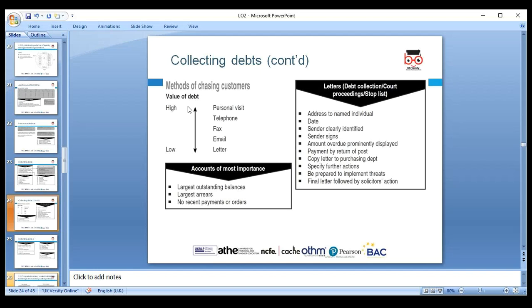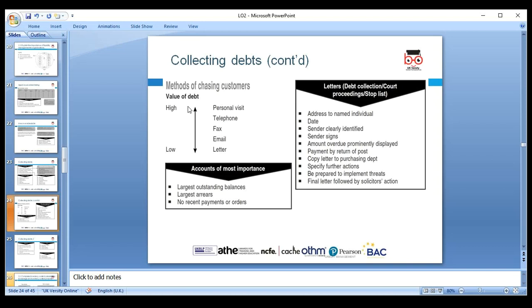Collecting debt. The methods of chasing debt depend on the value of the debt; if it is high, a personal visit is appropriate. I'm on the way, so just a quick chat: how is your business doing? Are you aware that on the 30th your debt is due? A general reminder is not really annoying, because you're supposed to keep the goodwill of your company, and keeping a good relationship with the business is very important as well.